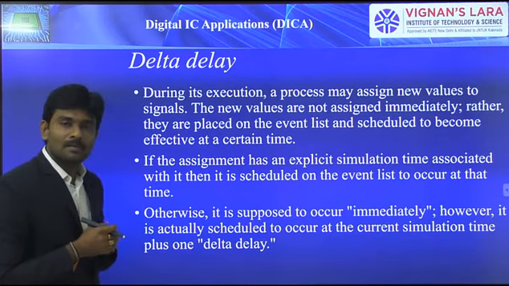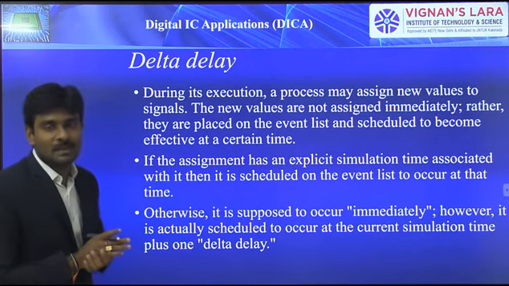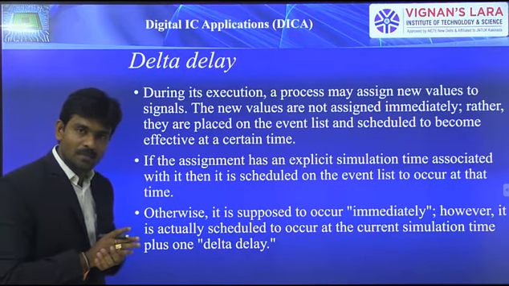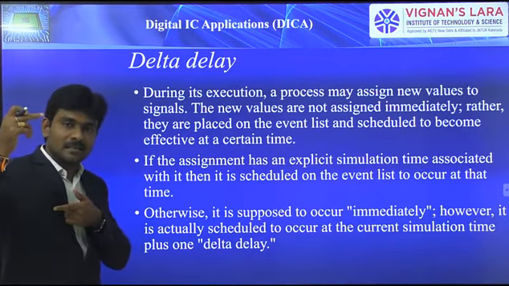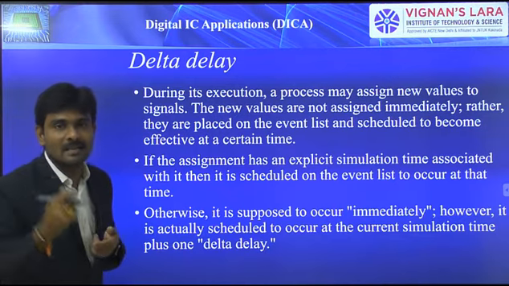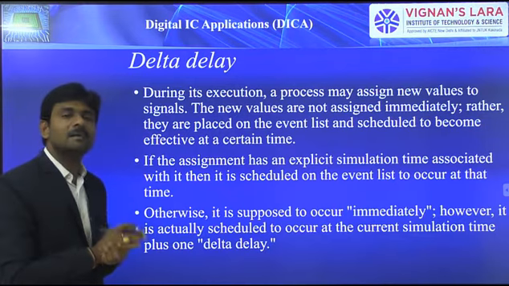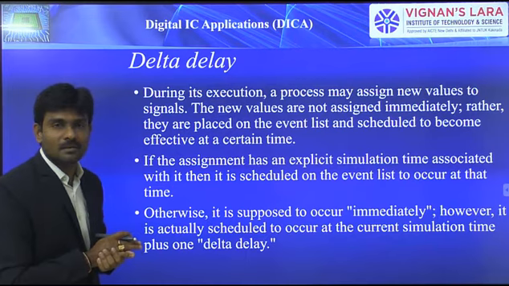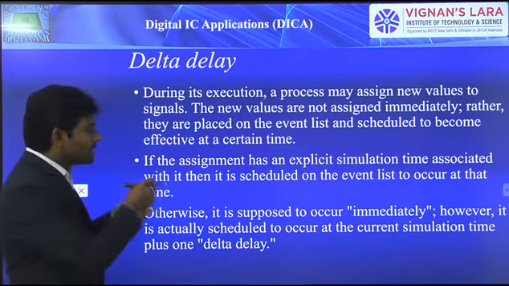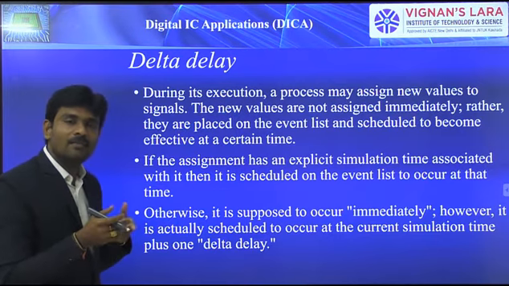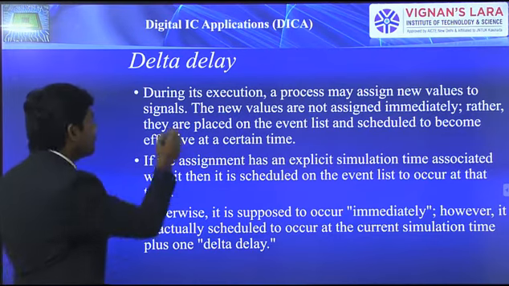As we described previously, while the sequential statements within the process are executing, if there is any change in the values of the sensitivity list signals, then once again that process is going to execute. Actually that must happen immediately, but it takes a certain time, a delta delay.